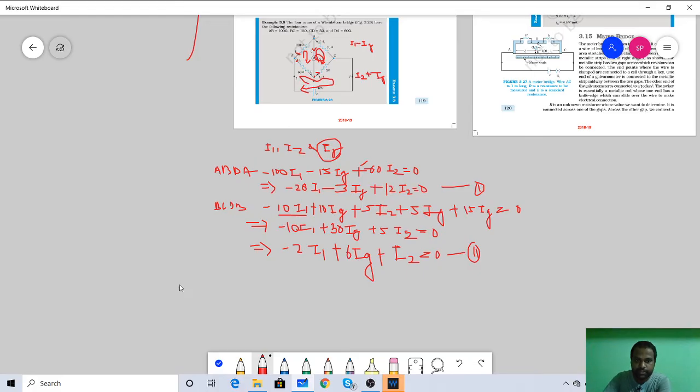In the third loop, as I have told you, the bottom one, we'll write the loop for ADCEA.